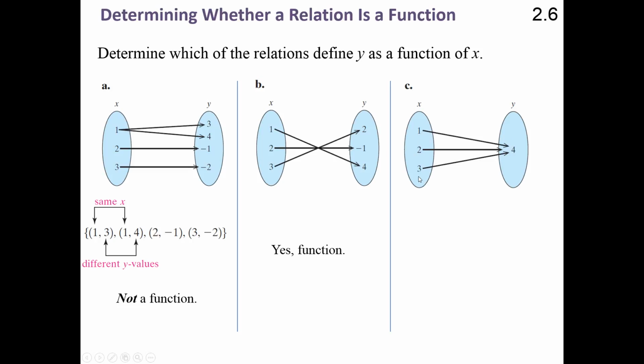Each element in the domain is only mapped to a single value in the range. So here are the ordered pairs: 1 gets mapped to 4, 2 gets mapped to 4, 3 gets mapped to 4, but this is a function because we don't have an element in the domain mapped to 2 different values in the range. So this does represent a function.